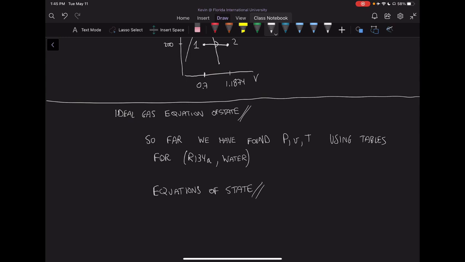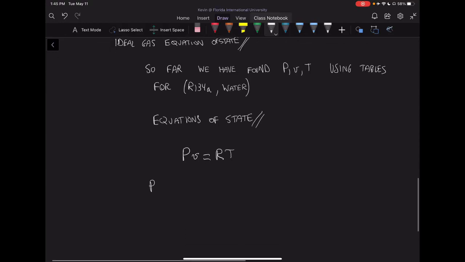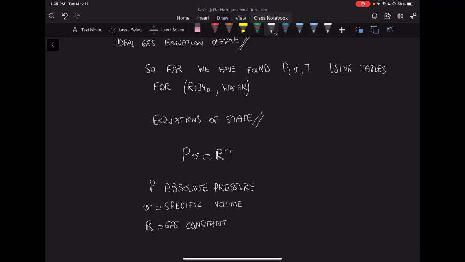that we can have. And this equation states that PV, where V is specific volume, is equal to RT, where P is absolute pressure, V is specific volume, R is a gas constant, and this gas constant is specific to the gas used.